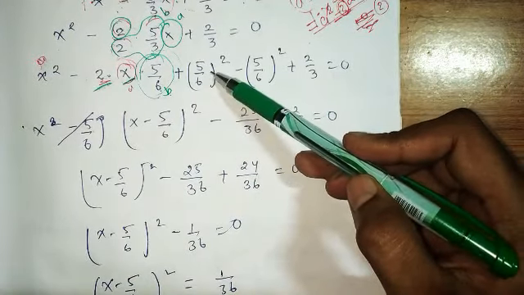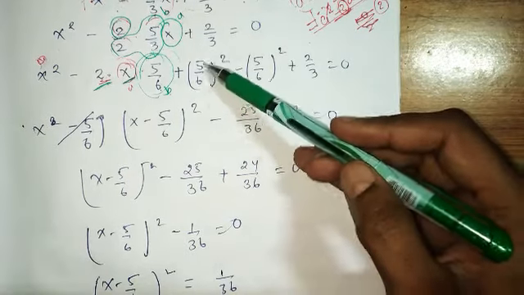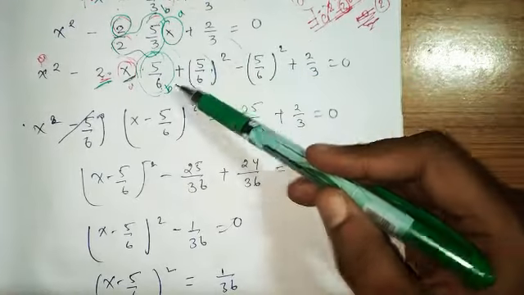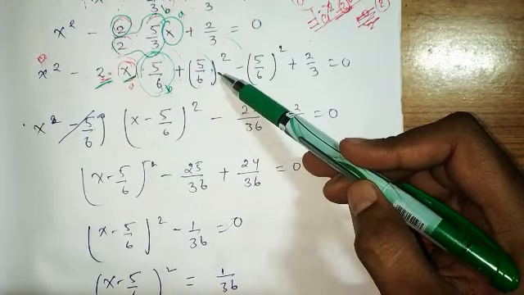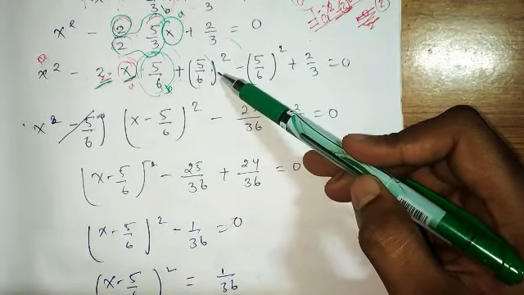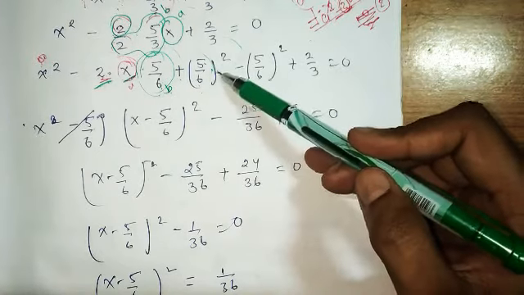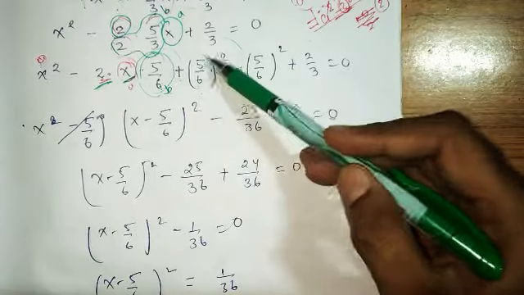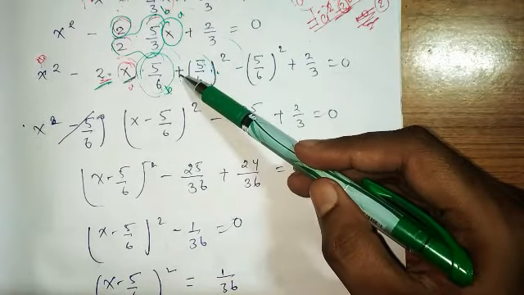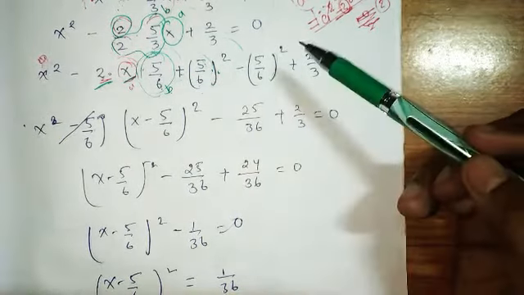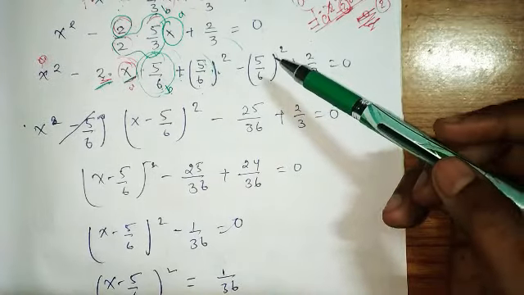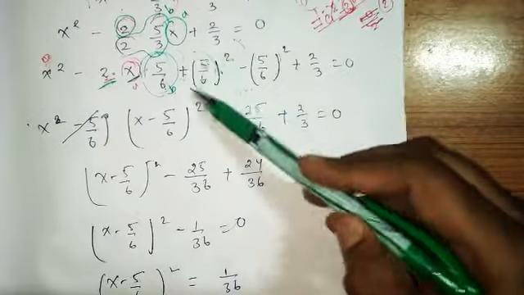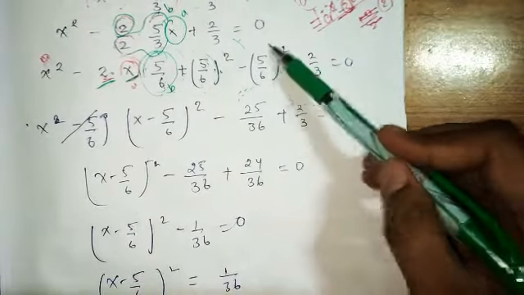And the value of b in this particular question is 5 upon 6. So this is 5 upon 6 whole square, plus 5 upon 6 whole square. So b square with plus symbol and the same b square with the minus symbol. Okay, so it would be balanced. One term with plus sign, another with minus sign.